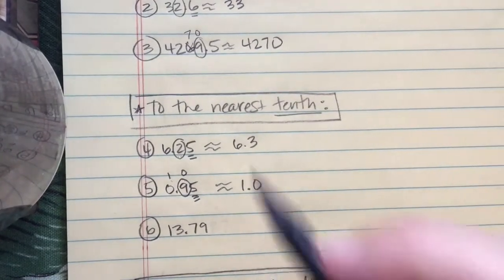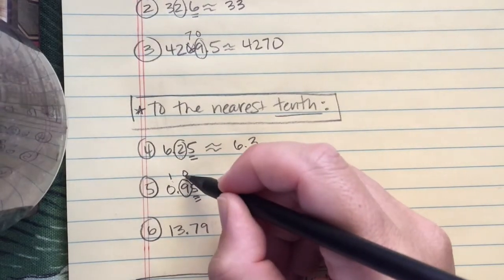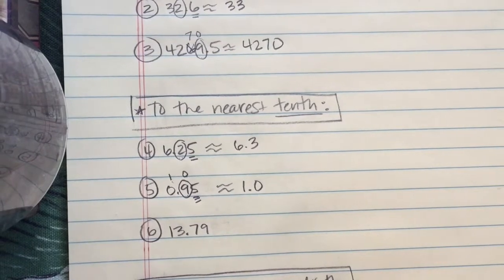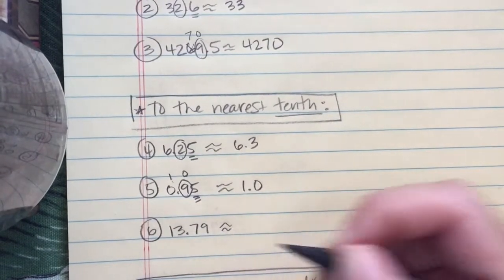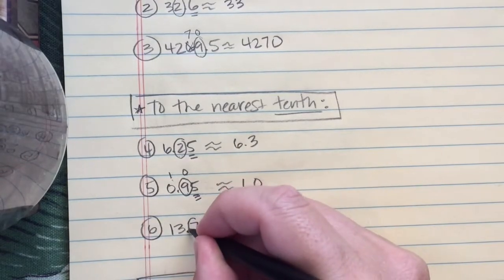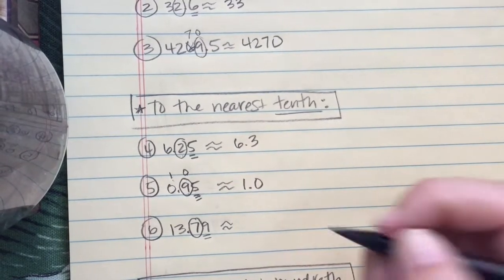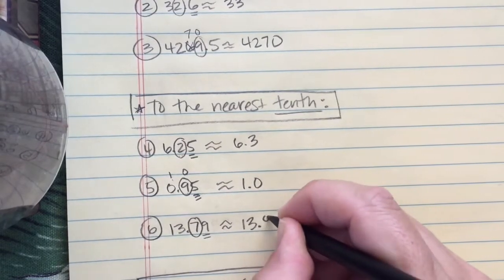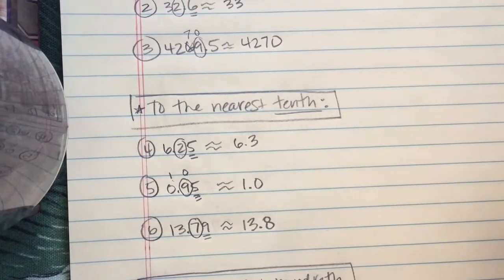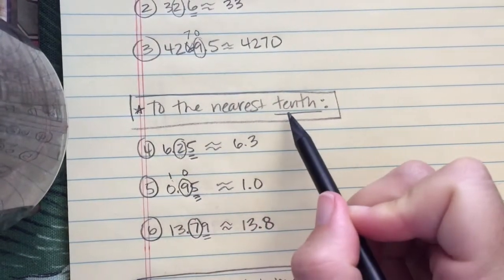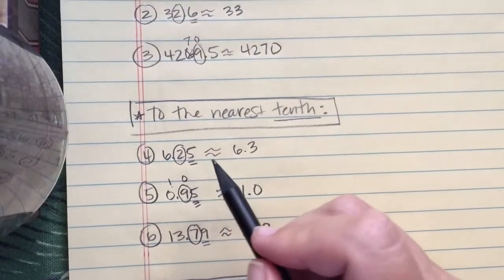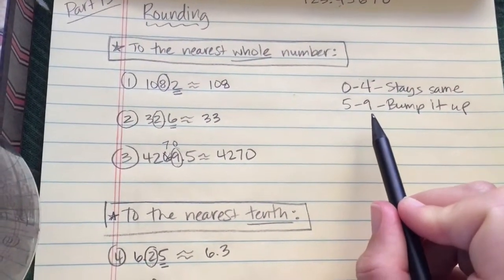So if you have a 9 that you're bumping up and it goes to a 0, you need to change the next number over as well to 1 up. All right, 13.79. Digit to the right is a 9. So that digit is going to get bumped to 13.8. So the rule is, if it says round to the nearest tenth, you look at the digit to the right of that place value and then follow your 0 to 4, 5 to 9 rule.